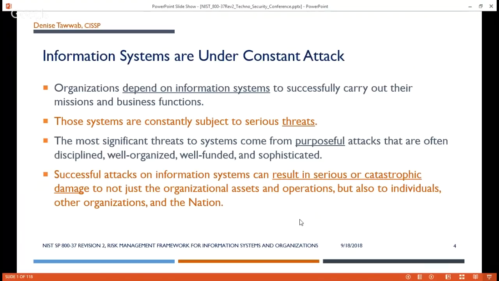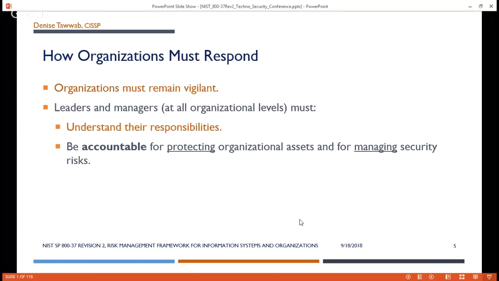The most significant threats to systems come from purposeful attacks that are often disciplined, well organized, well funded, and sophisticated. Successful attacks on information systems can result in catastrophic damage to not just organizational assets and operations, but also to your people, to other organizations, and if you're a federal organization or in the critical infrastructure sector, then also damage to the nation.